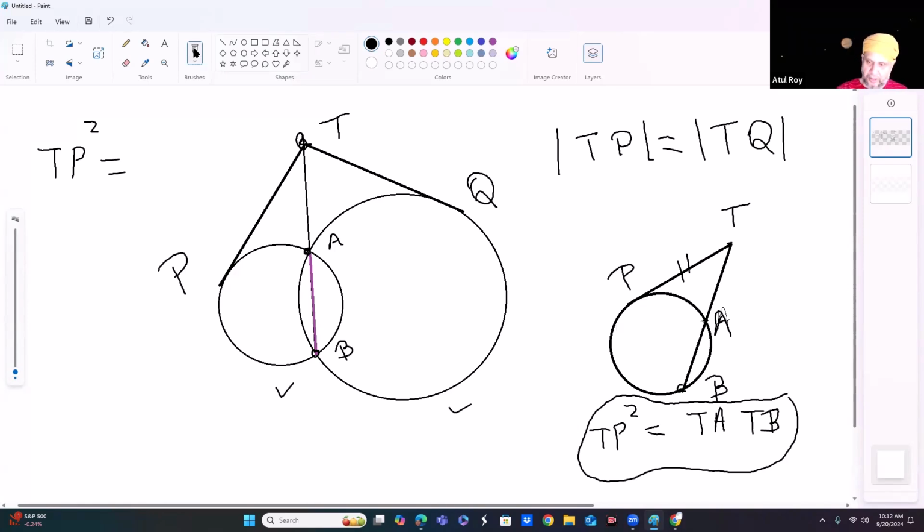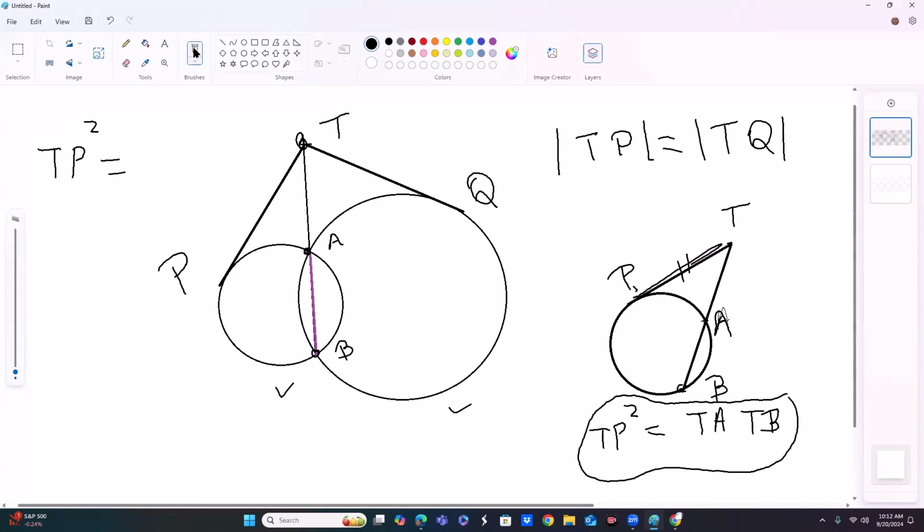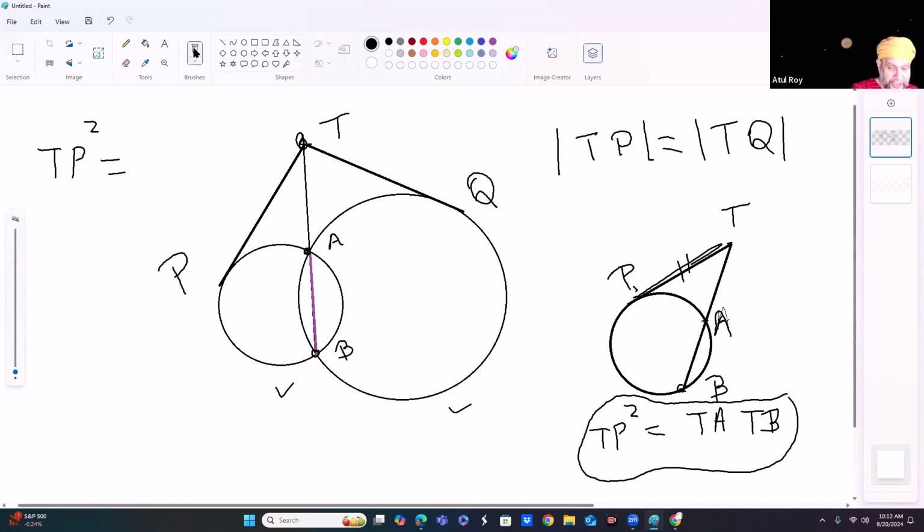Just like this, if this is the length of the tangent, it is TP square, not TA square. T to the point of contact, or the point of tangency, squared, right, beta?